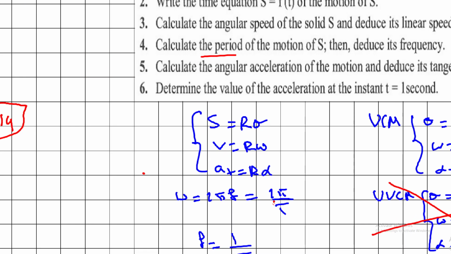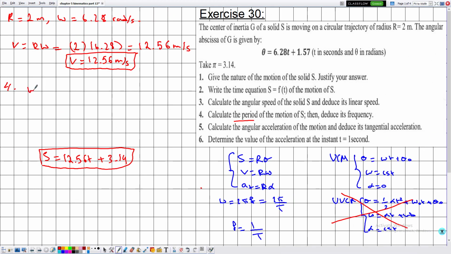Notice that omega and the period are related via the following equation: omega is equal to 2 pi divided by the period. Then the period is equal to 2 pi divided by omega.